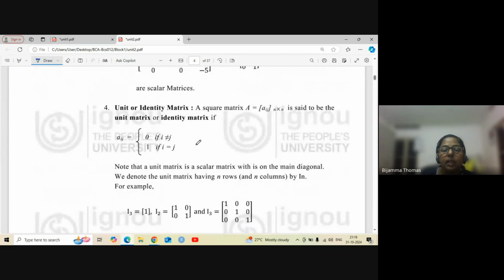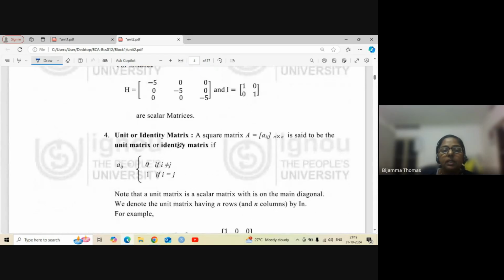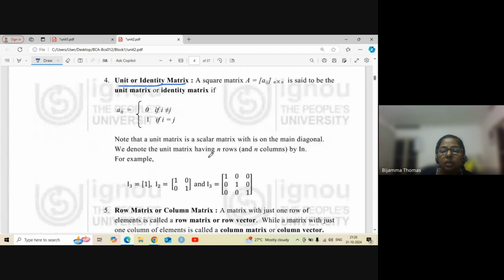Another particular case of the scalar matrix is the unit matrix or the identity matrix, where the diagonal elements are unity, equal to 1, and it is denoted by In.